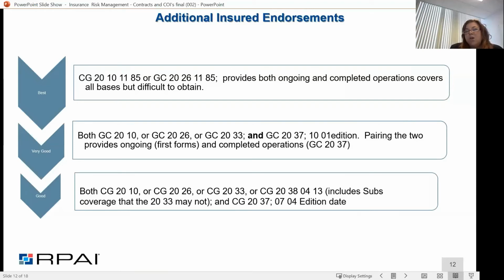I want to know that the additional insured endorsement that they choose to apply is going to meet all my different requirements. So I will ask them to reference the form that they're using or to attach a copy of it so that we can read it and review it.